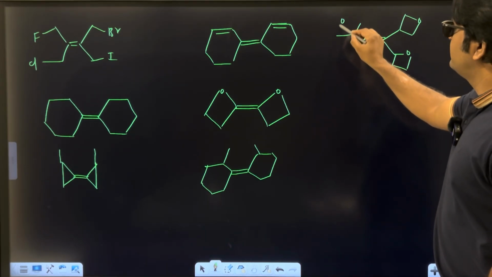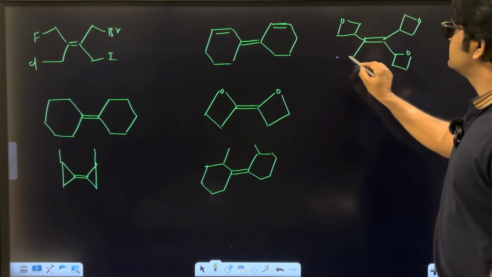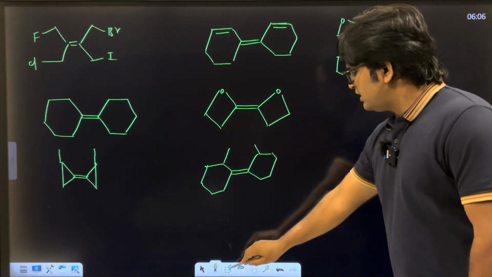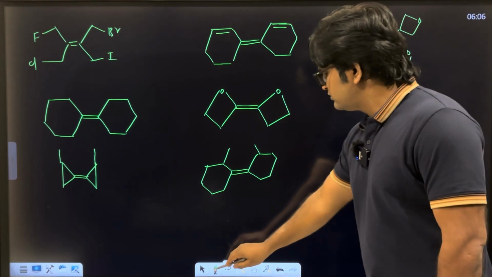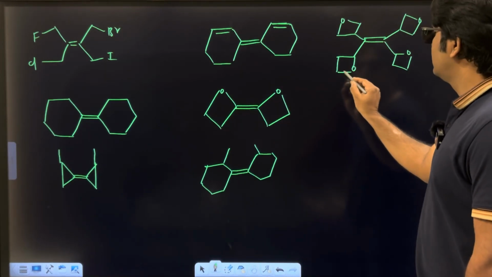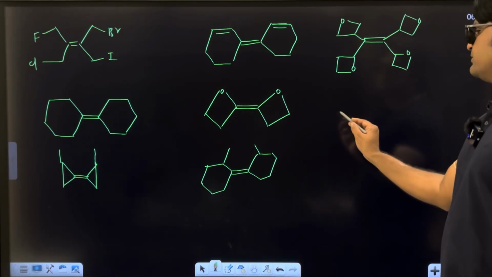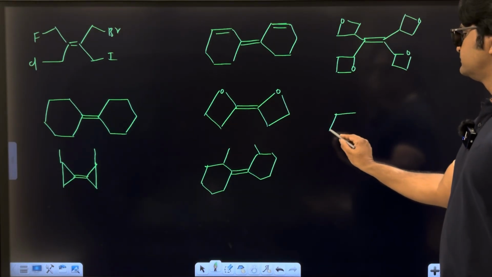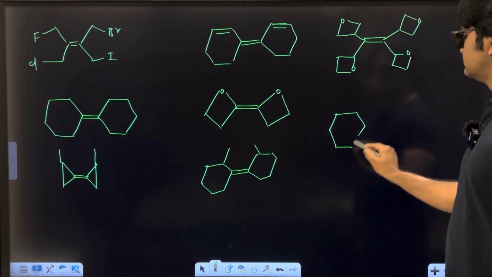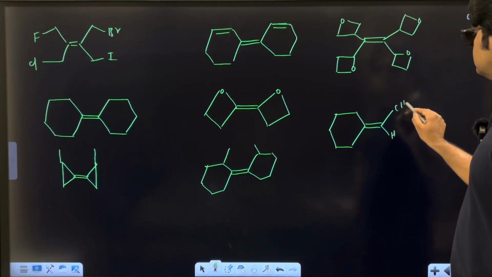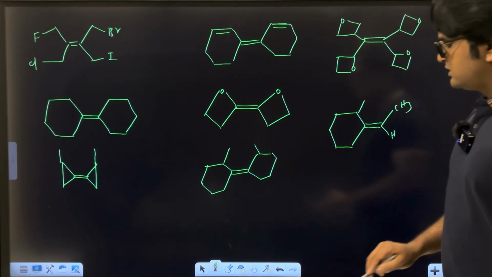Next, a 4-member ring system with a heteroatom, here also the same thing. Okay, now these are the molecules. From these molecules, try to identify how many of them show geometrical isomerism. Yes, these are the given molecules.